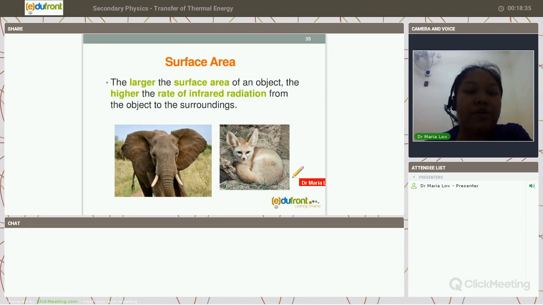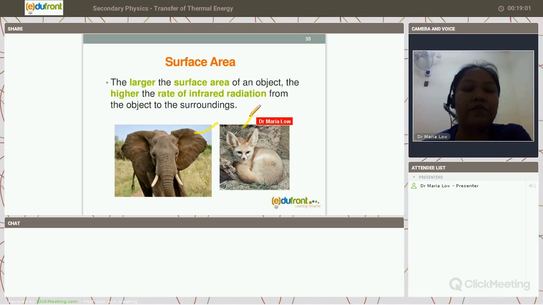The next factor is surface area. The relationship of the surface area to the rate of infrared radiation is such that the larger the surface area of an object, the higher is the rate of infrared radiation from the object to the surrounding. So one good example is the elephant, another good example is the fennec fox. Both of these animals live in an environment where temperature is very high.